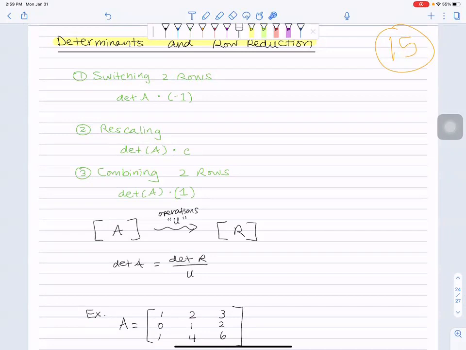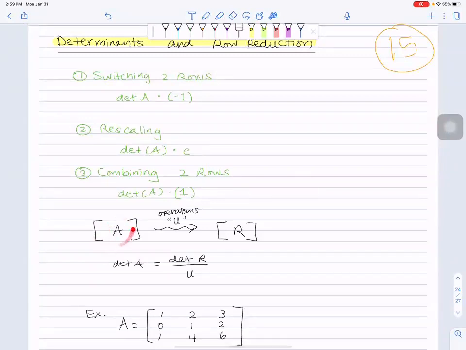So instead, we learned the 3 common row reduction techniques: switching a row, rescaling, and then combining 2 rows. When you switch rows, it multiplies the determinant by -1. When you rescale a row, it multiplies the determinant by whatever you multiply the row by, so I put a constant C. If you're combining rows, then it doesn't change the determinant.